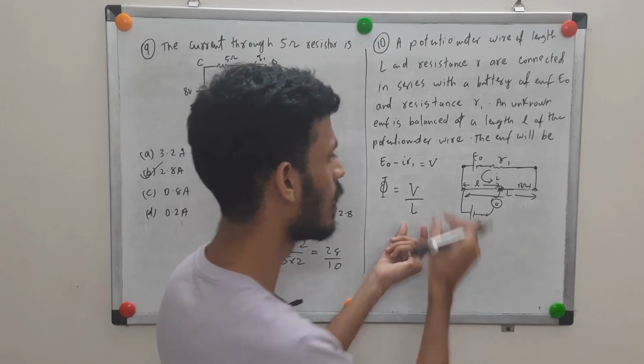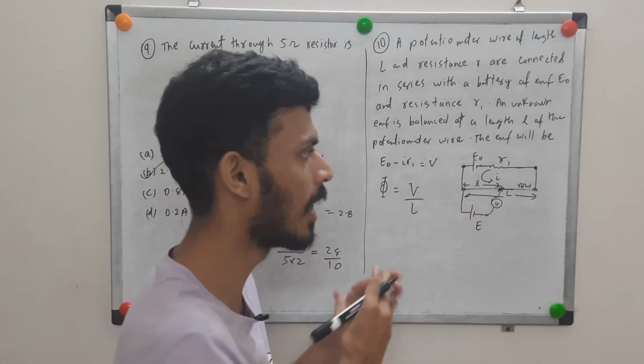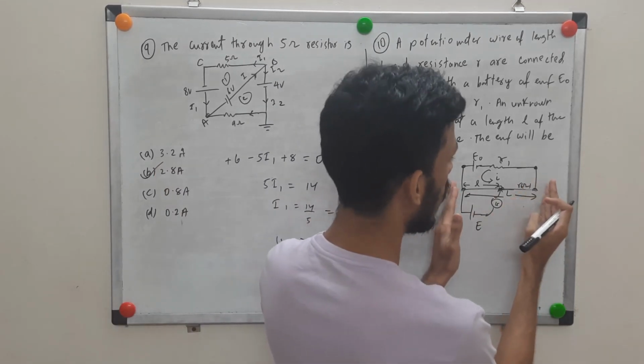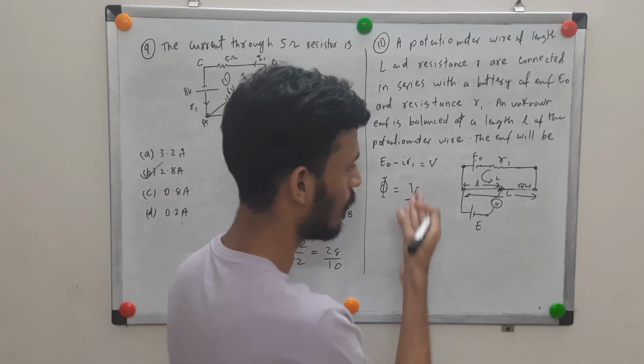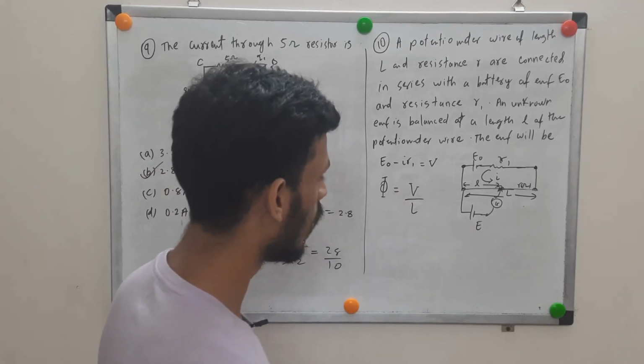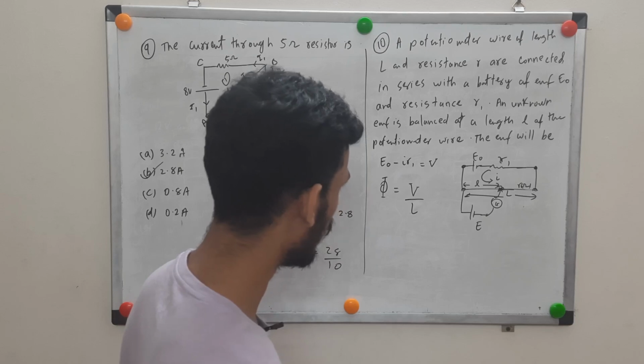Anyway, it is defined by V by L. Now this EMF is balanced by length l.